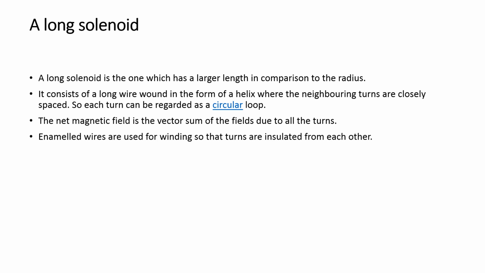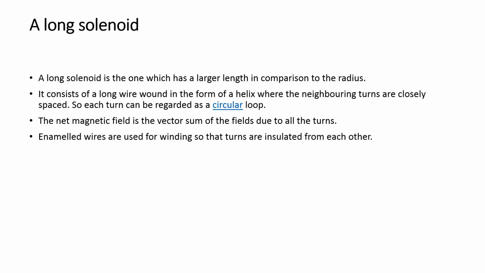A long solenoid is one which has a large length in comparison to its radius. The radius is small as compared to the length. A long solenoid consists of a long wire wound in the form of a helix, where the neighboring turns are closely spaced.